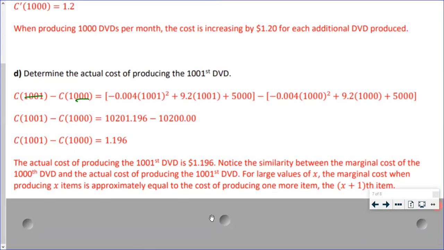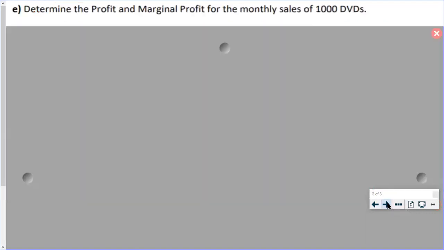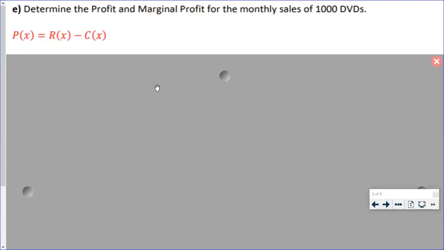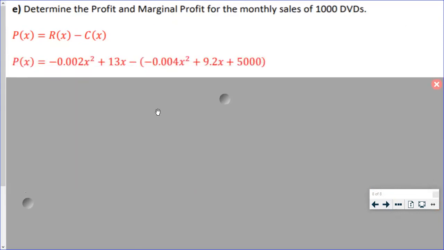So this just goes to explore the idea of marginal cost a little bit. Now, if I wanted to determine the profit and marginal profit for monthly sales, the profit function is my revenue function minus my cost function. The revenue function we determined before, and the cost function we were given.